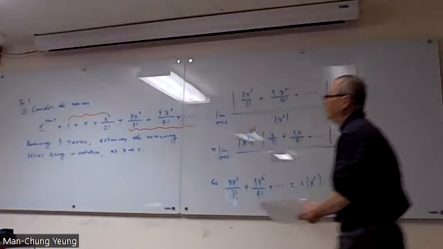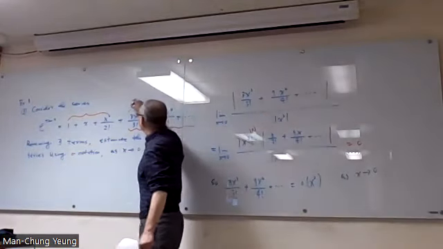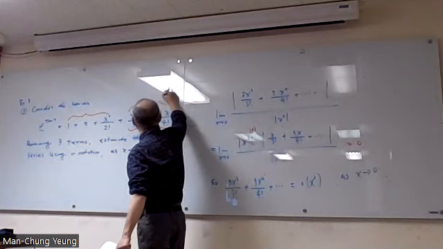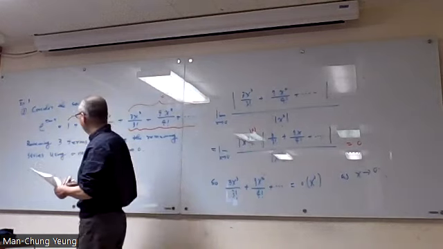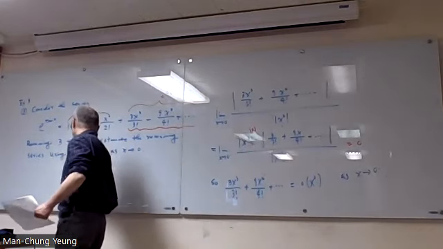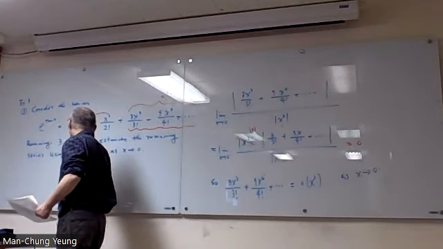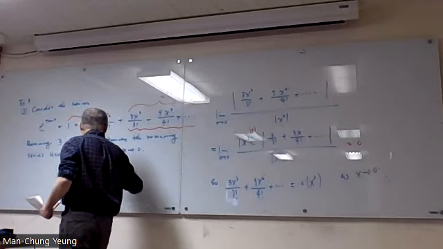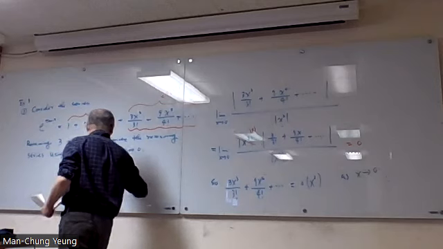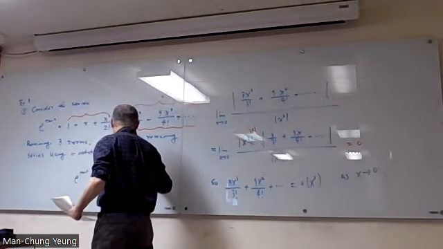Now, this part roughly is little o of x squared. Therefore, I can write this equation as e to tangent x is 1 plus x plus x squared over 2, plus little o of x squared.